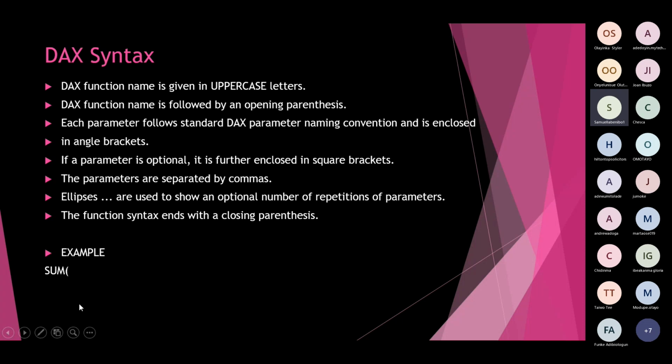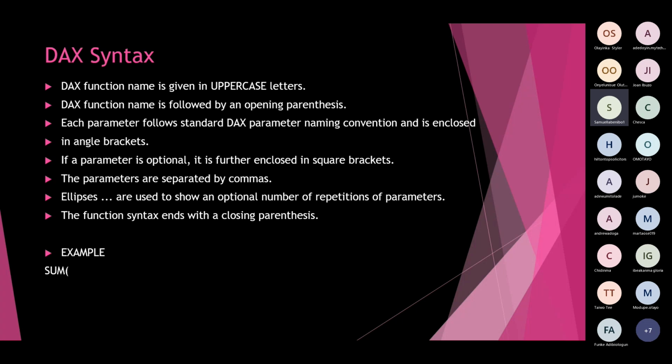Okay, so it's followed by an opening parenthesis. Now, after the parenthesis, whatever you want to calculate, or whatever parameter you want to evaluate, follows. And after that, the parameters are separated by commas.